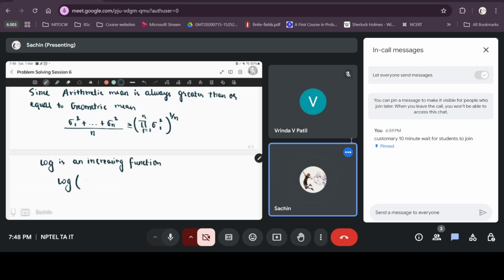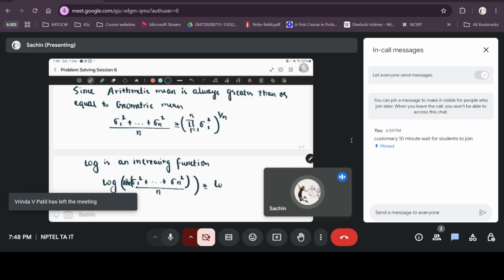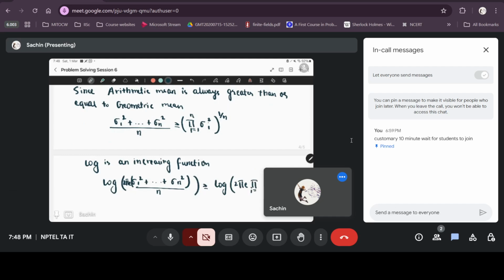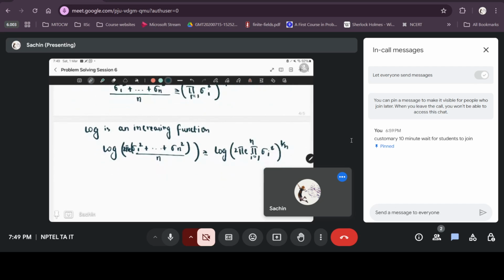Therefore, log of the sum of sigma squares, we will also multiply both sides by the factor 2 pi e, which will give you 2 pi e times this is greater than log of 2 pi e times the product, i equal to 1 to n, sigma i square, to the power 1 over n. Then you can multiply both sides by half.